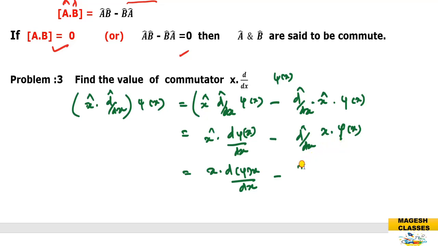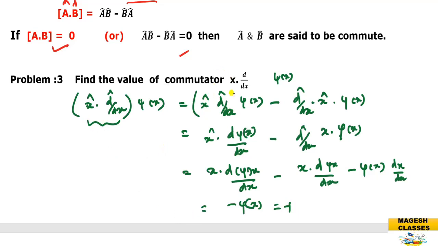So x d psi by dx minus psi dx by dx, so this will be 1. So x d psi by dx minus x d psi by dx will be 0, and the final answer is minus psi. So this is equal to minus 1. So do these two operators commute or not? It is equal to minus 1. It should be 0, but the value we get is minus 1. So this is not a commutator.